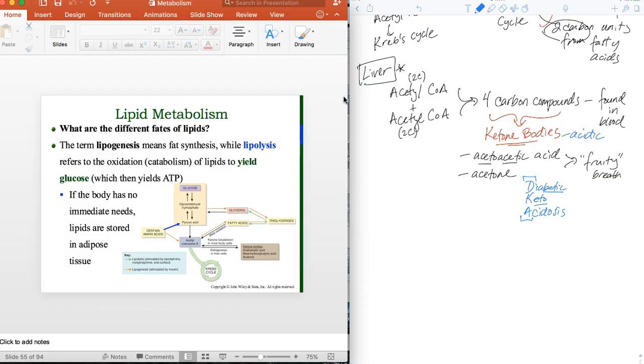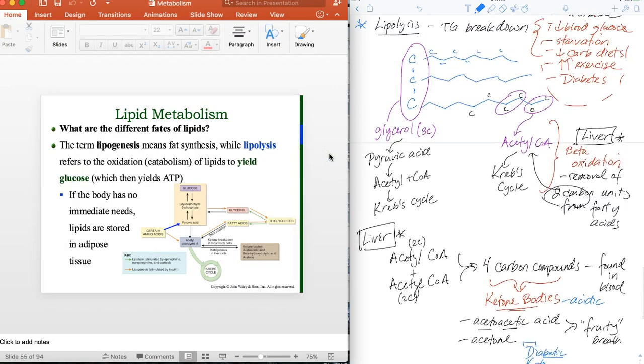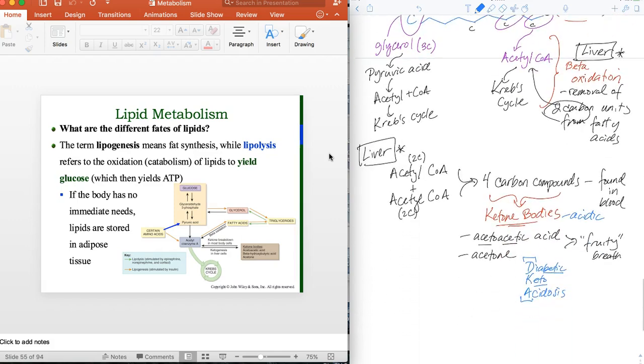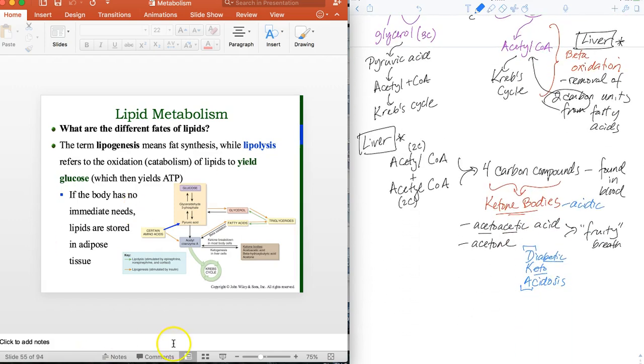And again, ketone bodies are not necessarily bad because they're just evidence that your body is using lipids as an energy source. When you start to produce high levels of them, then it could be issues like diabetes. All right. So that is basically lipolysis, right? This is the breakdown of fats.